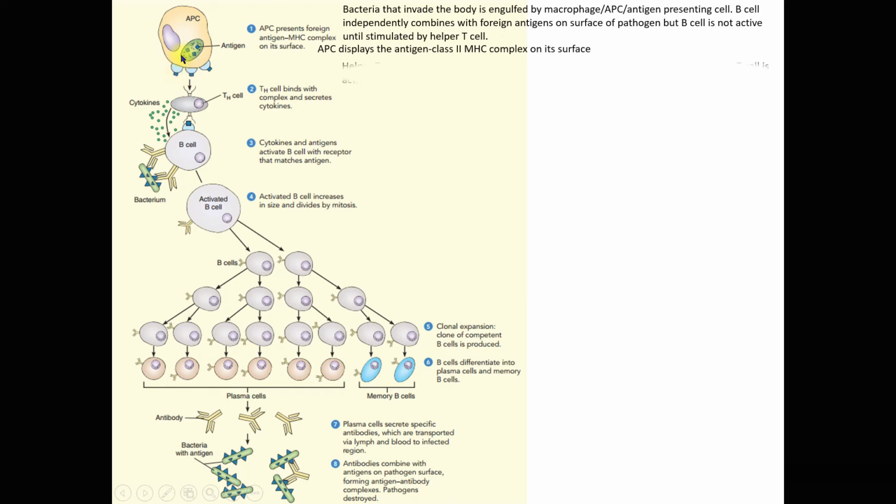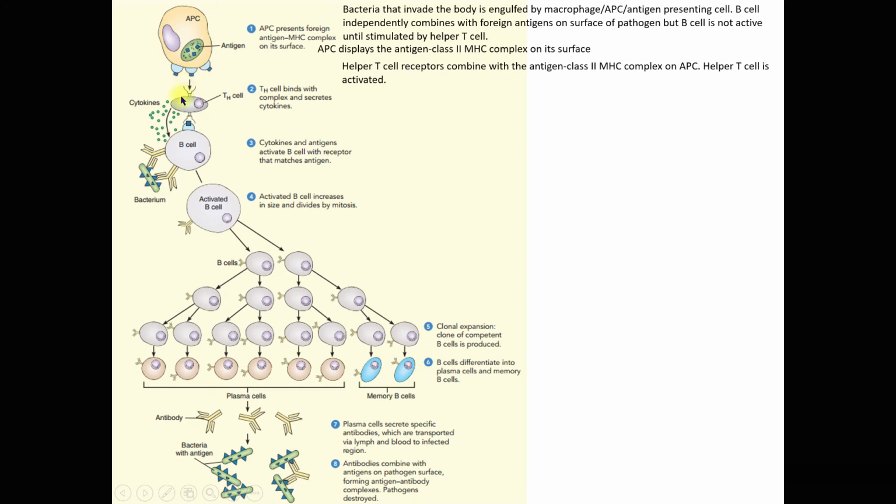Alright? Next, helper T cell. This helper T cell here, the helper T cell receptors, you can see the receptors here, will combine or bind with the antigen class 2 MHC complex on the APC.